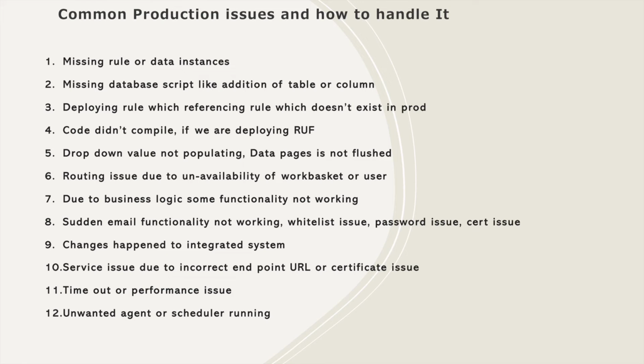The report issue mostly happens like this: you'll see that in non-prod it's working fine, but when we move to production it's getting a timeout issue, because sometimes in report definitions we mention that if you're not getting a result after this much time, then time out. Or in reports we also see that a column is not exposed. The column exposed issue we already discussed in point 2.